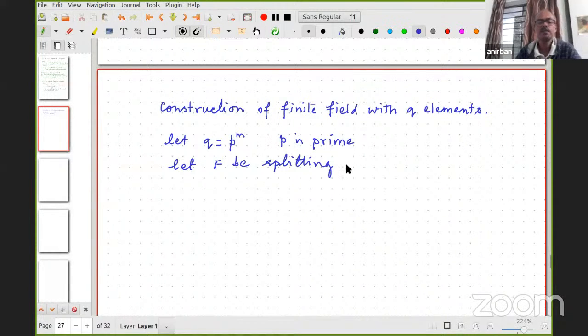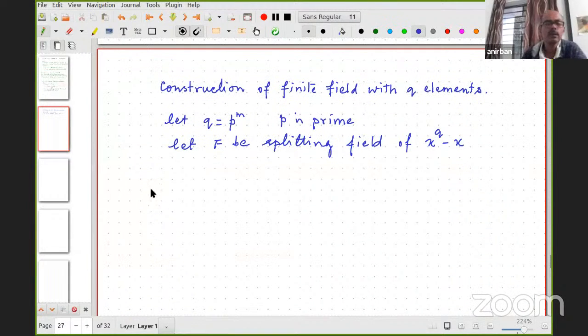So if F is the splitting field of x to the q minus x, let me just give this polynomial a name, say f(x).